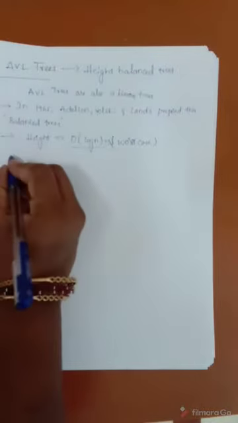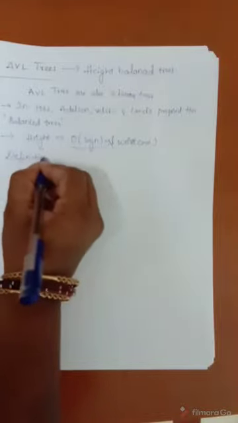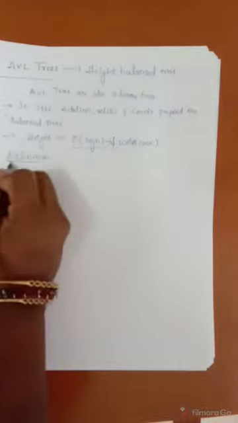These AVL trees can be defined with some constraints, like binary search trees and binary trees.